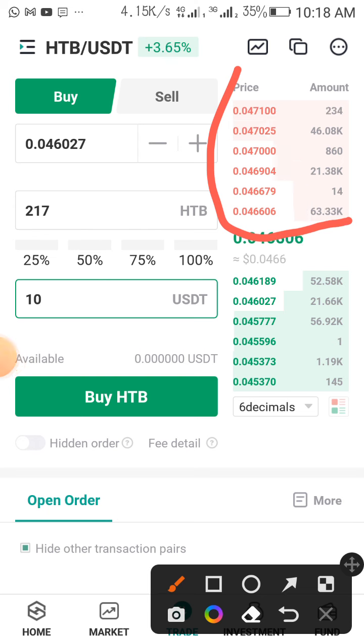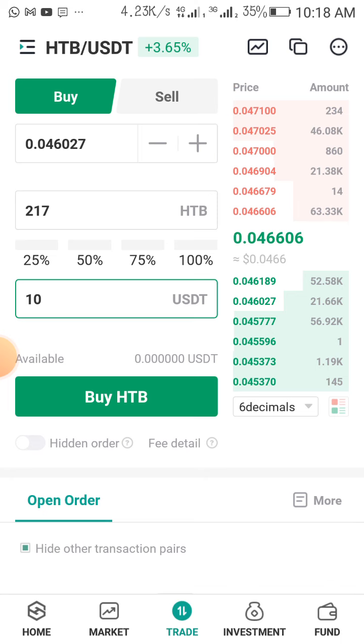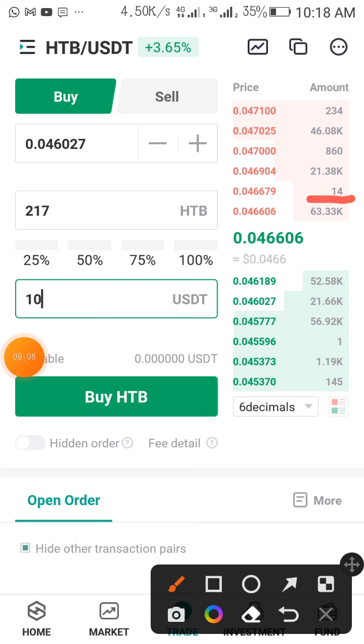So I will now check if the person has up to $10 worth of Hotbit token. Like this first person, this person has more than 7. This second person has only 14, like this guy. See, he has only 14. This one has 21k, this one has 860, and this person has 237.